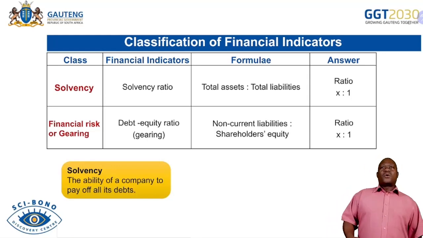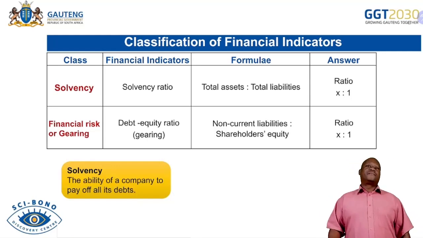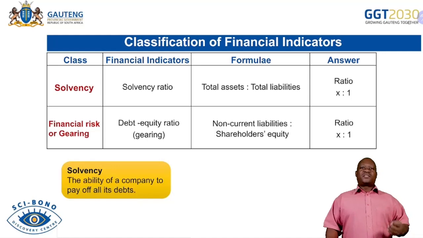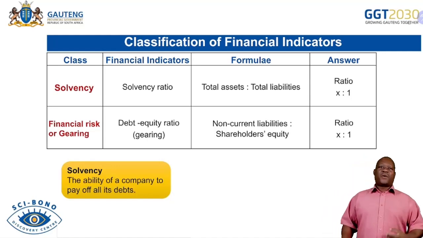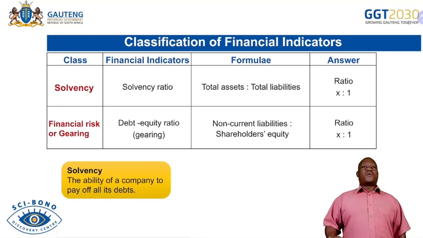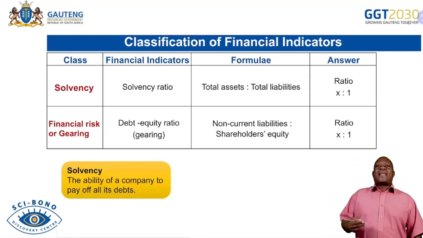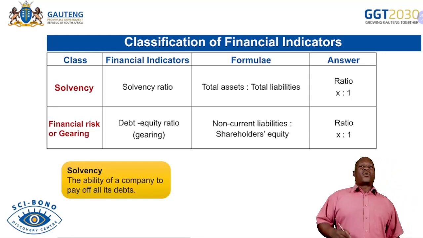Now, the next class is on financial risk or gearing. I always say, when they say gearing, think of a loan. When they say gearing, think of a loan. We are saying, how much is our business relying on borrowed capital?